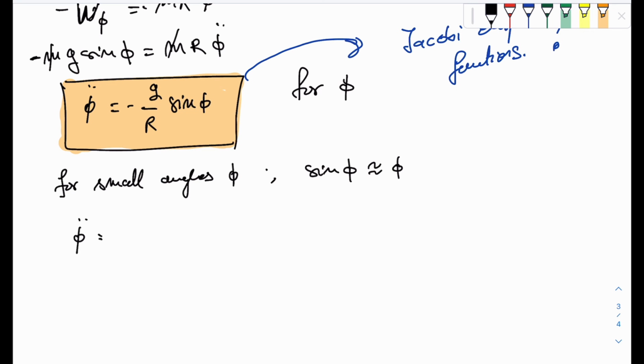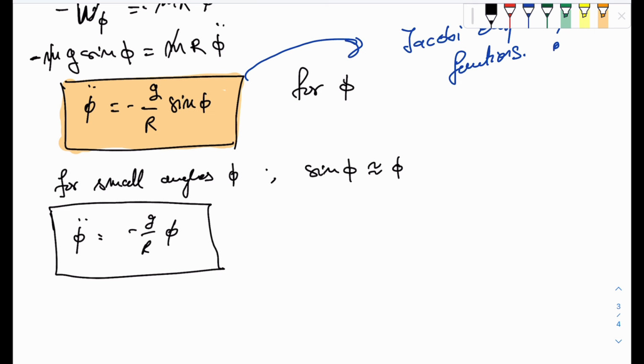Therefore, we come to the famous equation, which I think most of us know, the equation of motion for a pendulum.